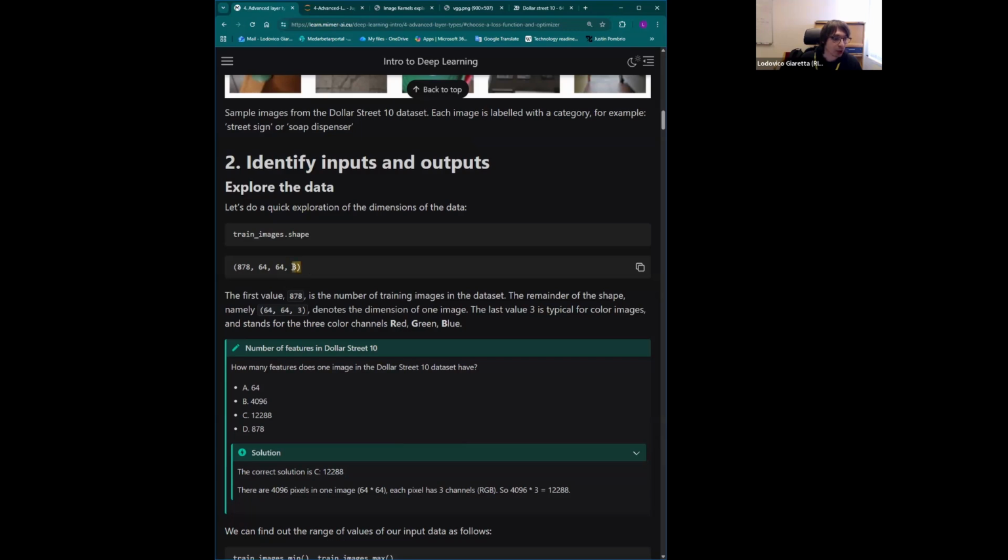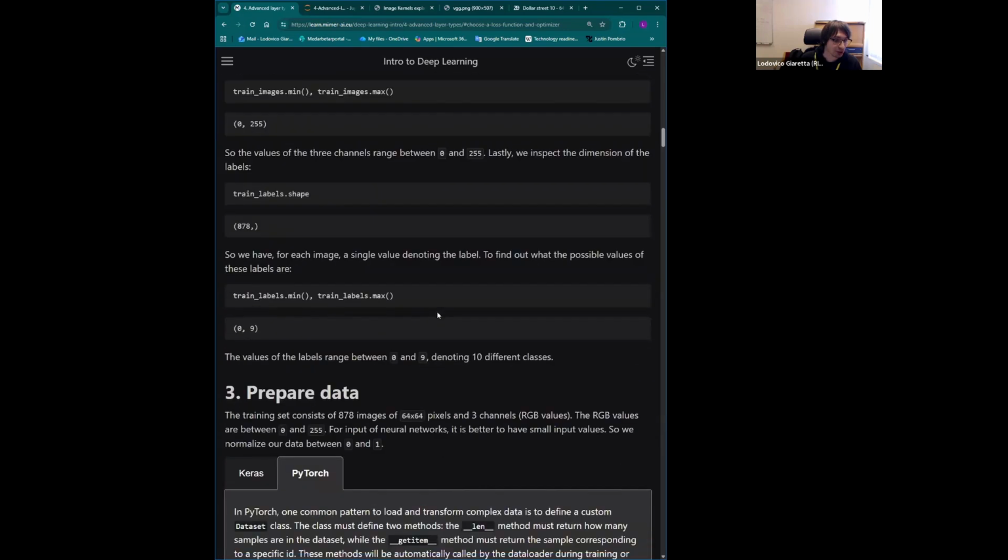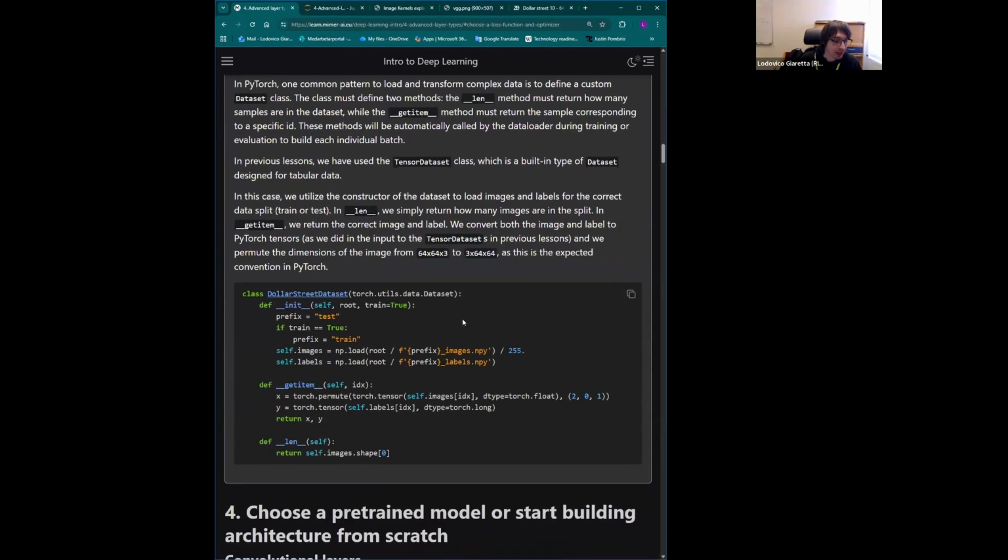We actually want the colors to be first, so from 64, 64, 3 to 3, 64, 64. And we do this because this is the standard expected in PyTorch. It expects images to come with the color first and then width and height.